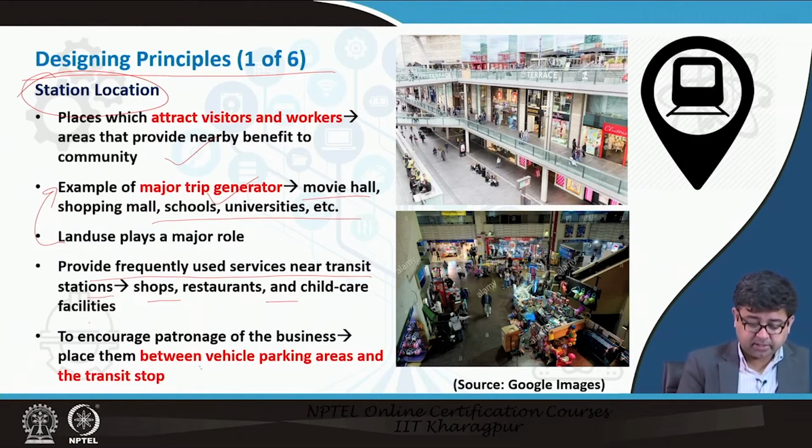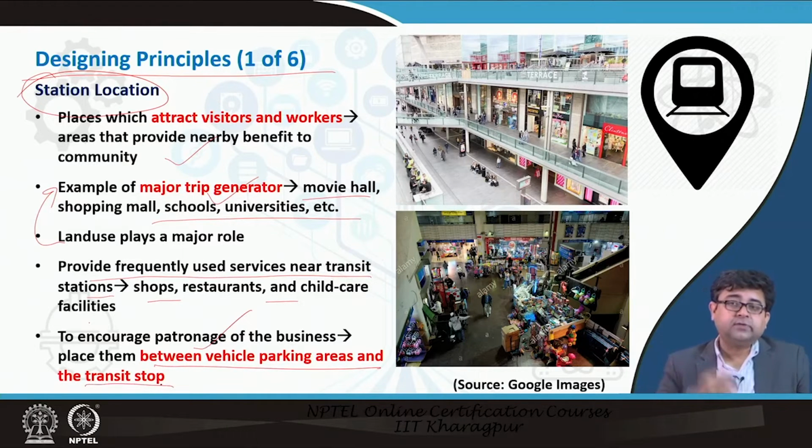To encourage patronage of business, place them between vehicle parking areas and the transit stop, right. So, all of these, where to exactly locate a transit station, is one of the design principles that you have to keep in mind when you are thinking about developing a station. So, the first design principle is to look at the transit station location.